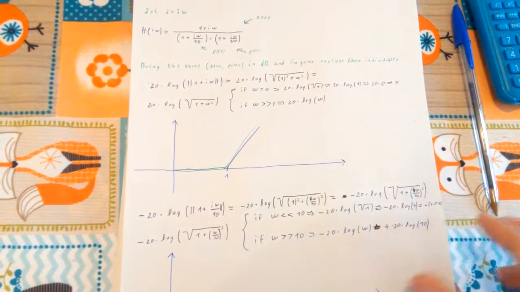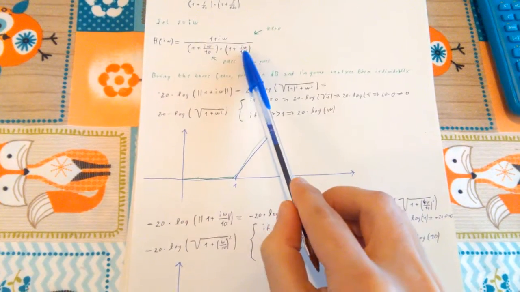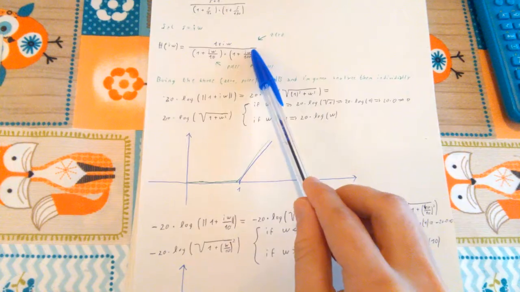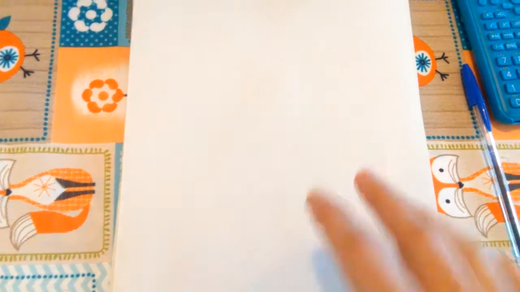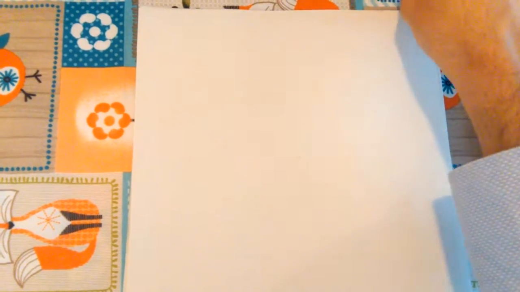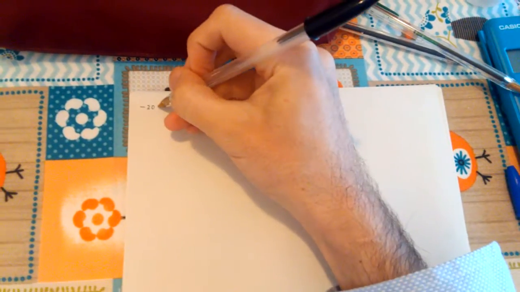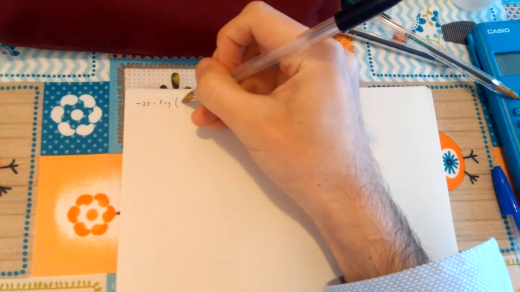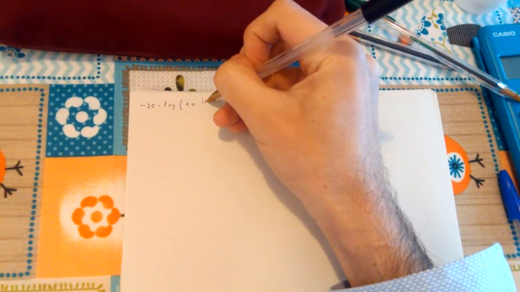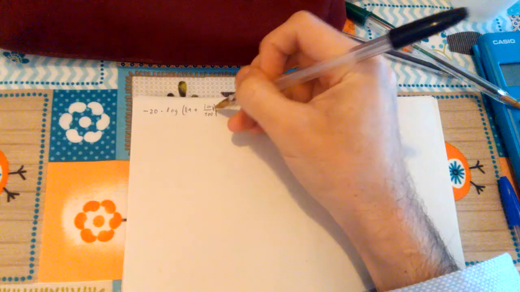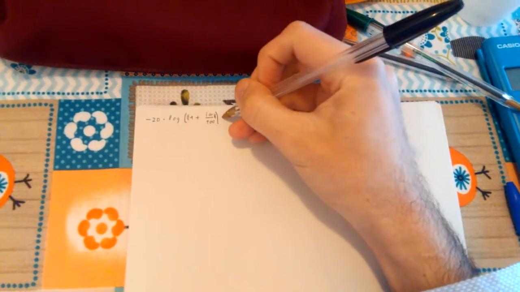Now, what's left? Well, at least for the gain, for the first part, we still have to deal with these other poles. So the 1 plus i omega over 100. But it's essentially going to be the same, because we're still going to have, okay, it's a pole, so it's negative 20 times log of the pole, which is 1 plus i omega over 100. Oh, the norm of this one, just like before.